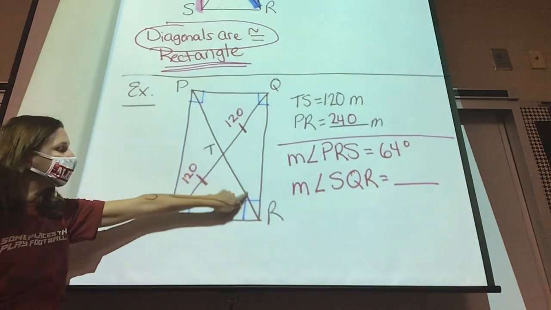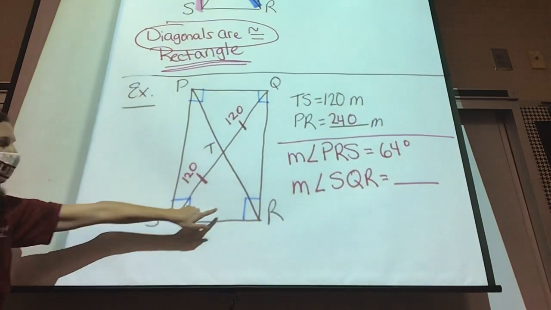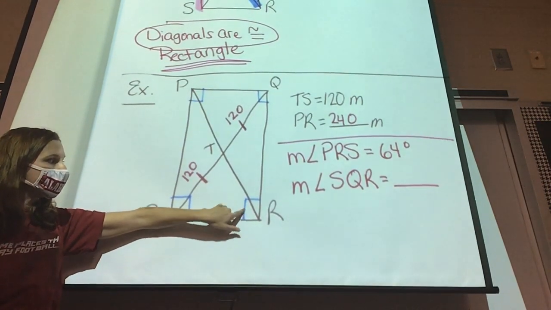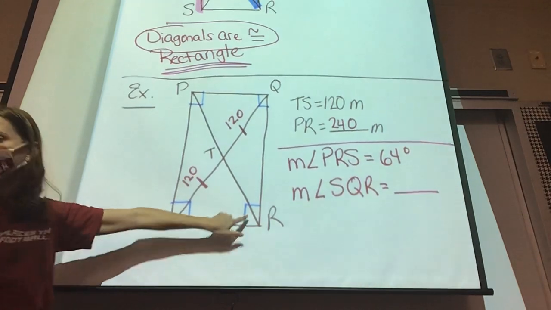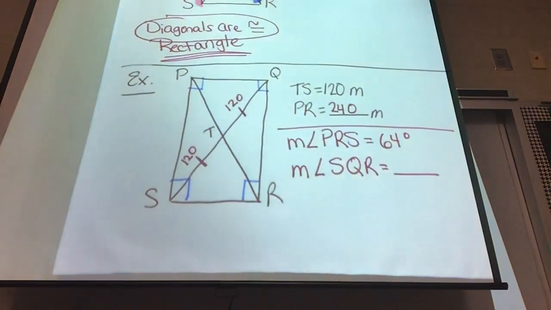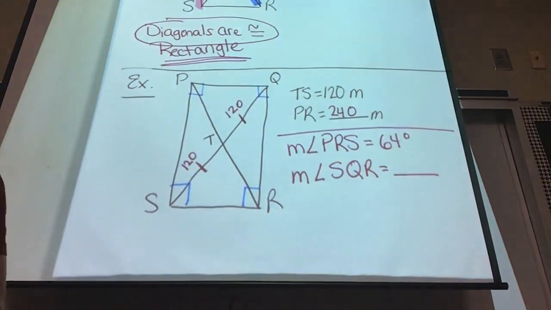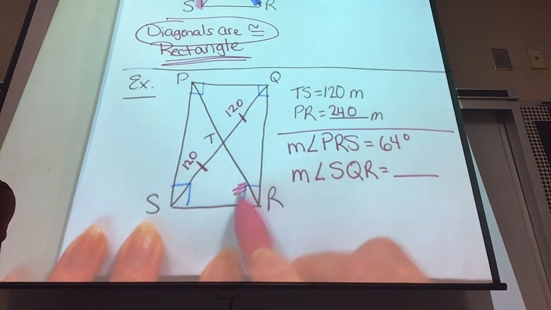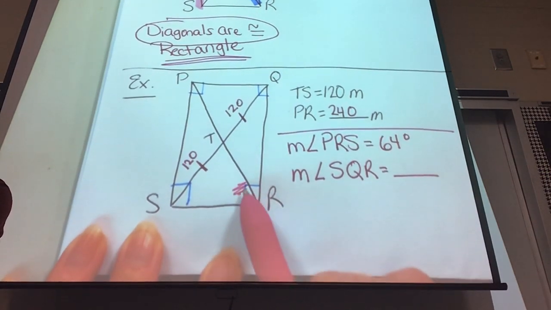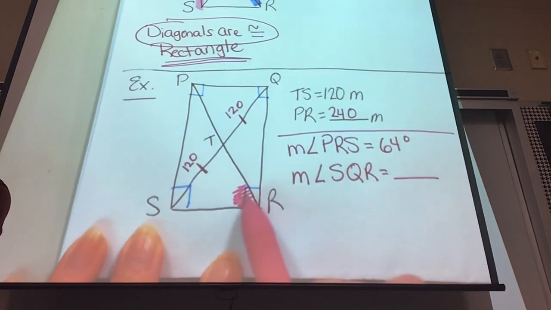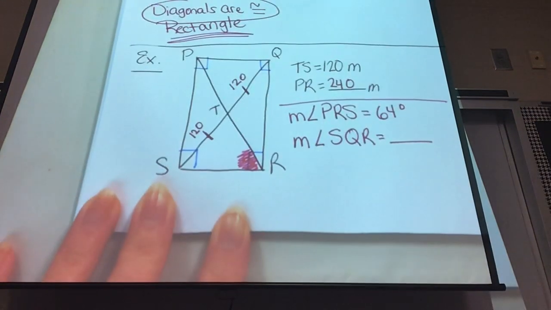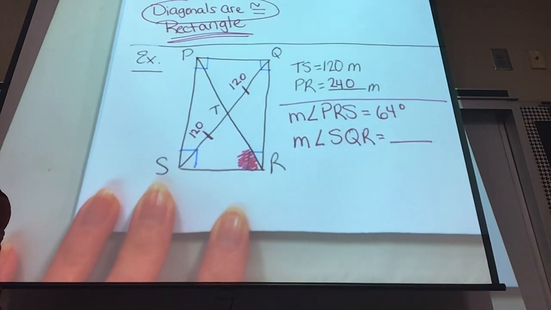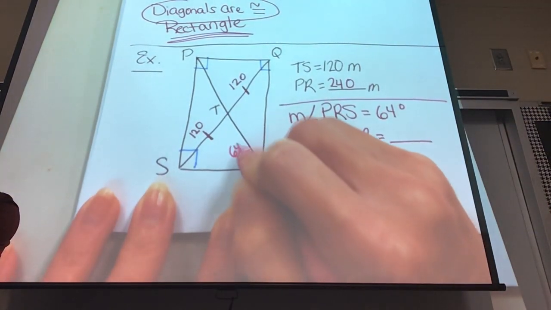So you're doing P, R, and S. So that's talking about this part of the angle right here. So that's what I'm dealing with, is this one. They're telling me that this piece of the angle, right here, that I just shaded in, is 64 degrees.